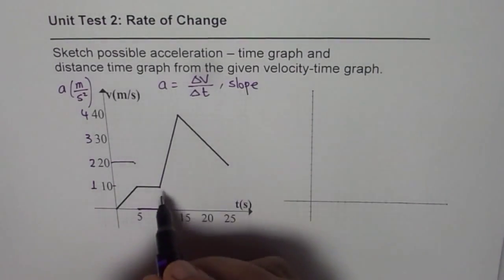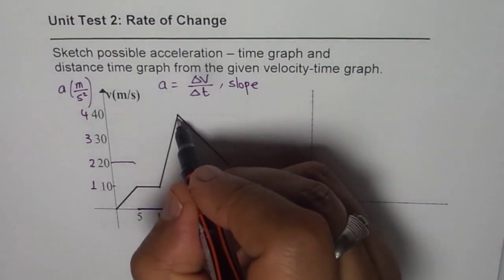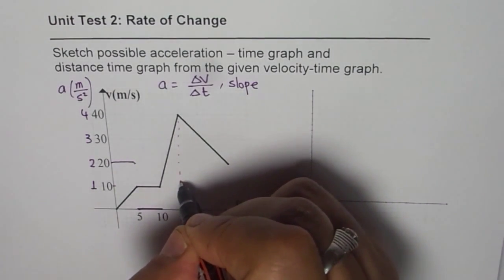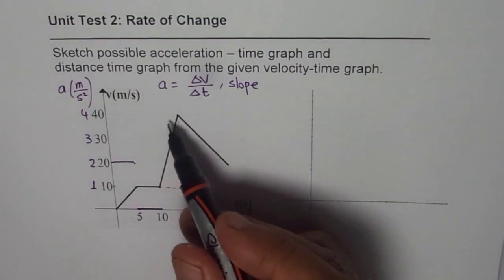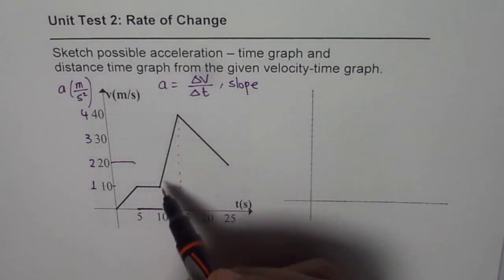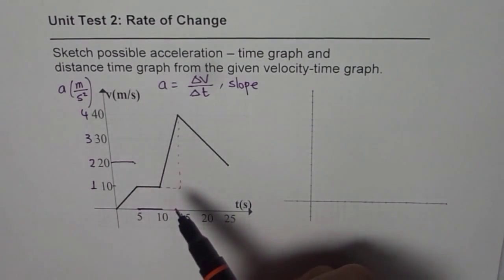And then during this interval, we will find the slope. Let me just sketch it for you. Since it's a velocity time graph, the slope is going to give us acceleration, and meters per second square will be the unit.